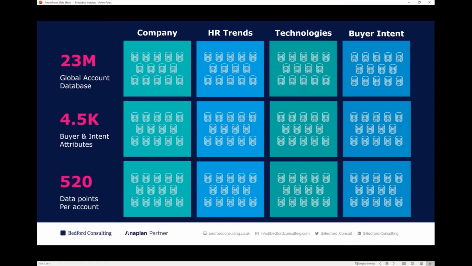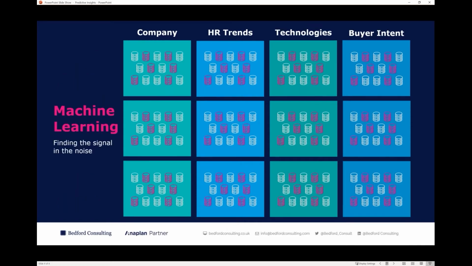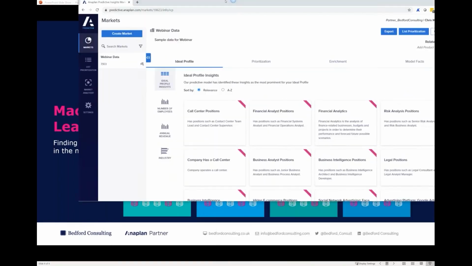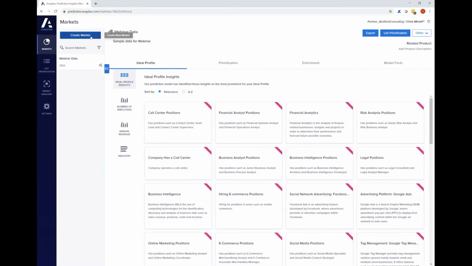It continuously gathers, it refreshes the insights, it looks at buying signals regularly, and then through machine learning can identify and predict the right attributes for the ideal buyers. So these insights act as data inputs for the predictive insights model, and then can give intelligent, actionable recommendations across those accounts.